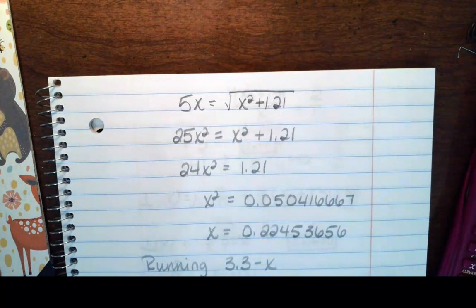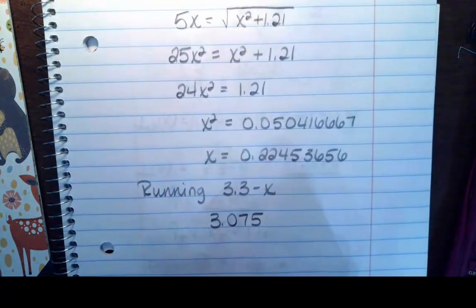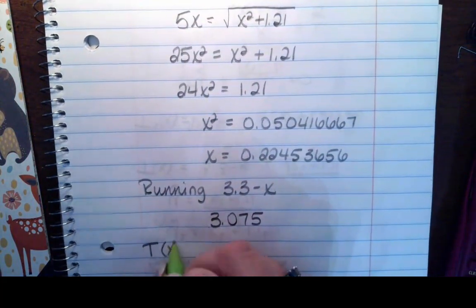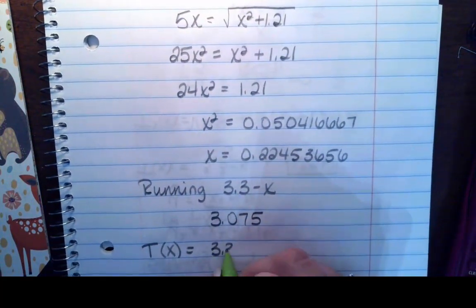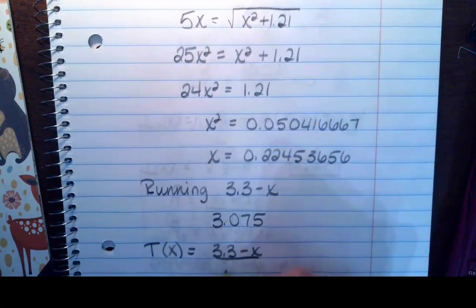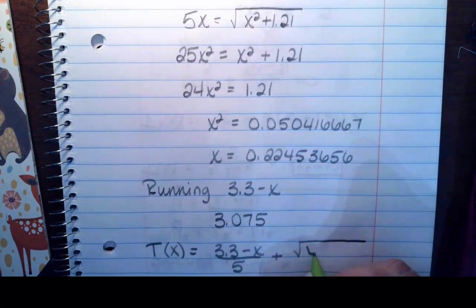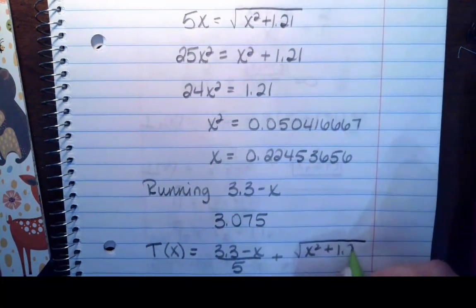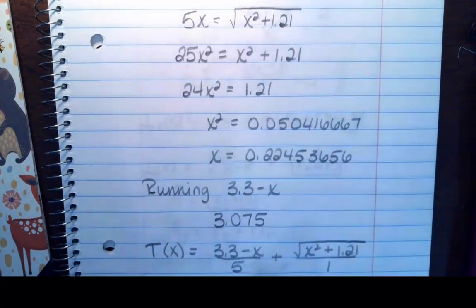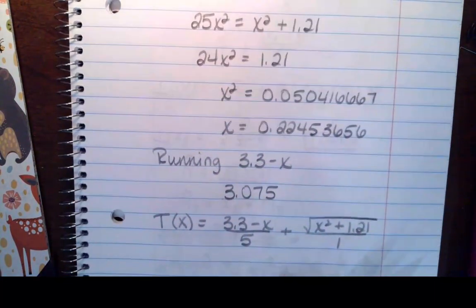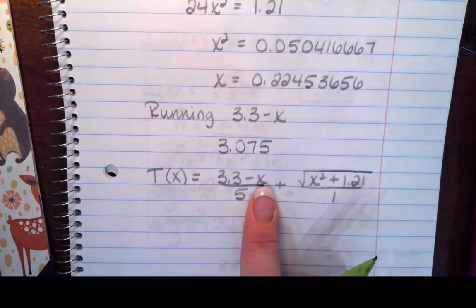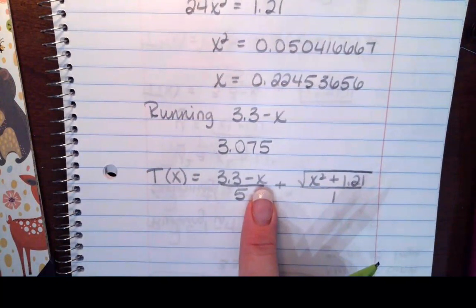So next is the total amount of time that we're going to be doing this. It goes back to our time in terms of x equation, which was (3.3 minus x) over 5 plus the square root of x squared plus 1.21 over 1. So all you need to do from here is substitute in our values for x.